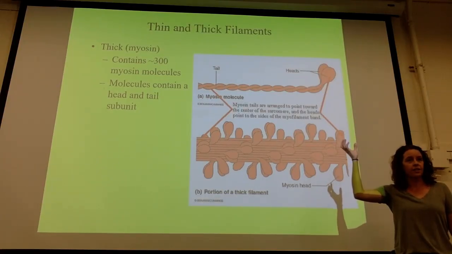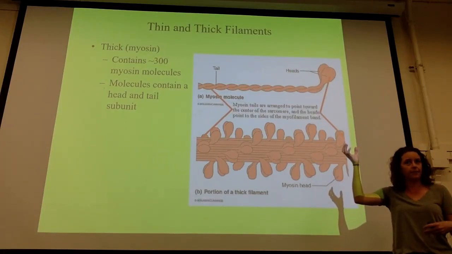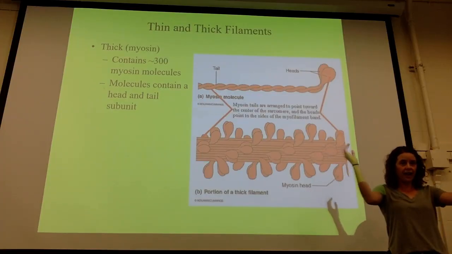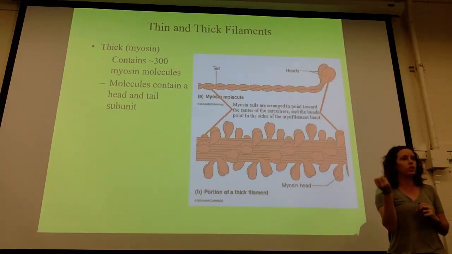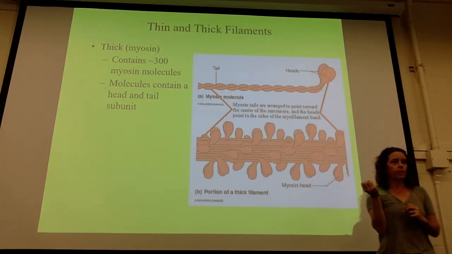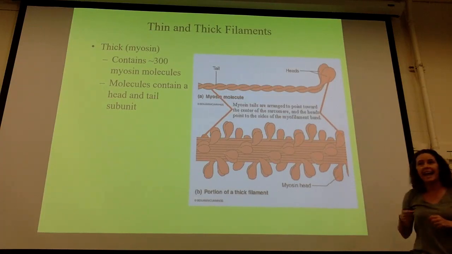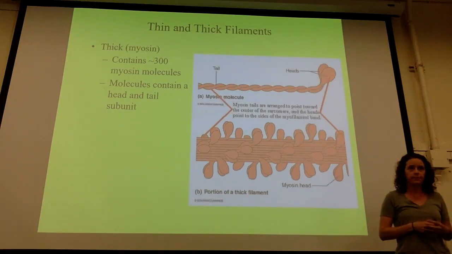Once they are attached, that forms that cross bridge. We'll go over that again today. And then pulls actin towards the center of the sarcomere, which is the actual contraction part. So the head attaches to the active site, that binding site on actin.